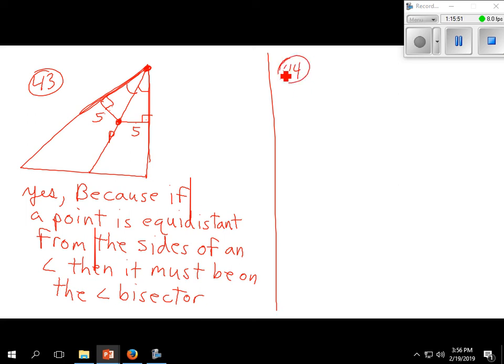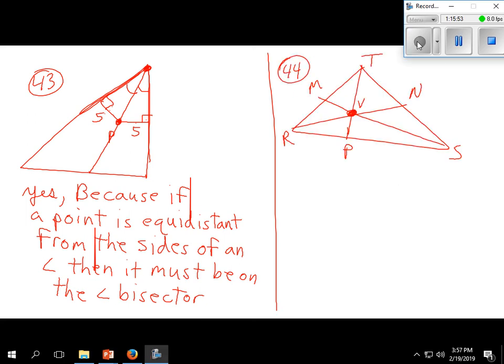44. All right, on 44, they tell us that V is a centroid.